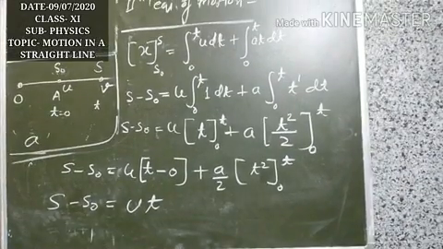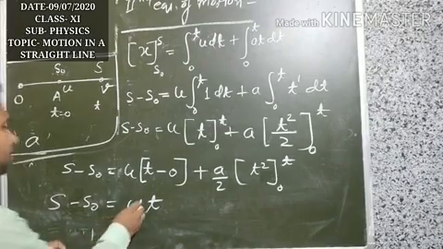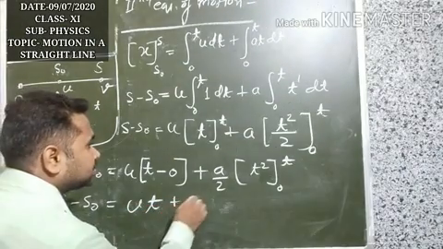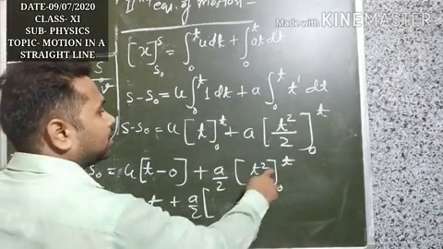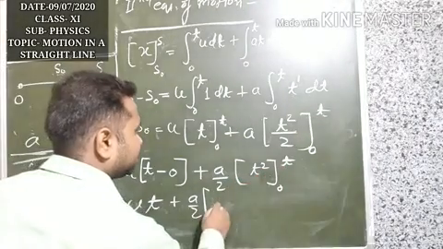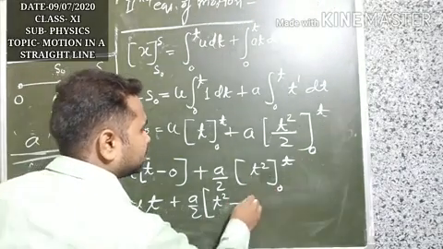I think the board is clear, the contents are clear. ut plus a by 2, and t is replaced by t, so it is t square, minus t is replaced by 0, it is 0 square.